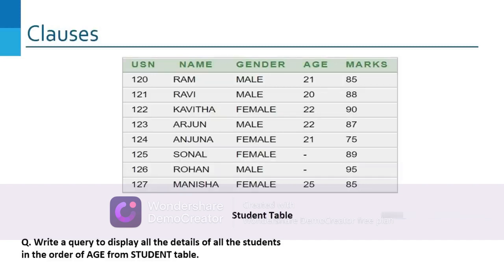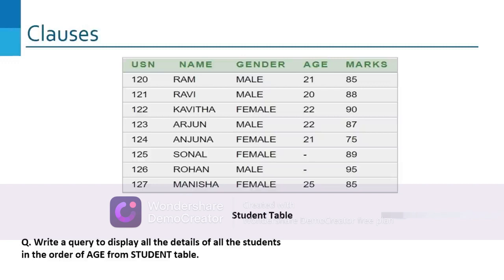That means now we don't have to actually check whether the age is greater than 20 or less than 25 or equal to 20 or in between 20 and 25. Not like that. We have to now give the result in the age order. That means ascending order of the age. So first 20 should come, then 21, then 21, then 22, again 22 and then 25, something like that, right?